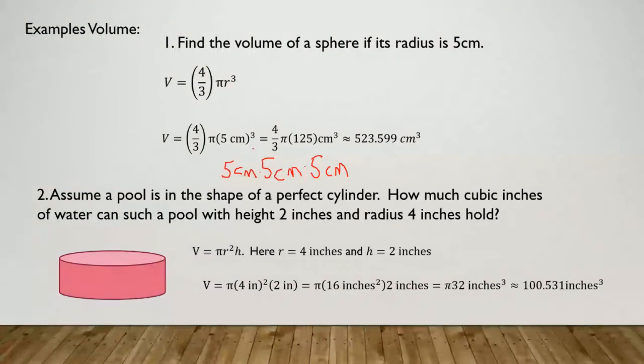That's what's happening here with the cube. So you get 5 times 5 times 5, which is 125, and you get cubic centimeters. And then at the end, you have 4/3 times pi times 125. If you do that in your calculator, you get this. And again, I will tell you how many decimal places to round off to. Here I just chose 3 arbitrarily.